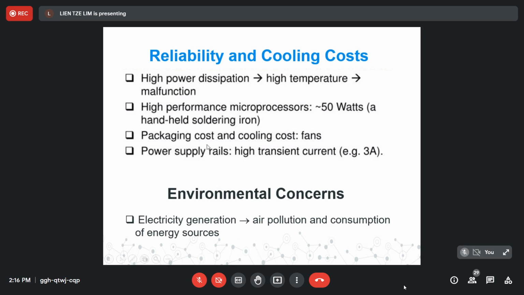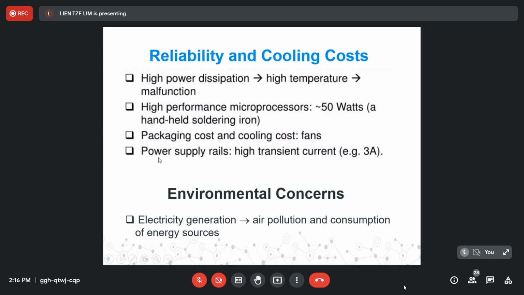And the packaging cost and cooling costs. With high power dissipation, the cost will be higher, because the cost will include the packaging cost and the cooling cost. The cooling cost of course is to account for the fan. Maybe the fan can be used to cool down the device to reduce the power dissipation. So this is the cost that has to be considered, to ensure the reliability of the device.